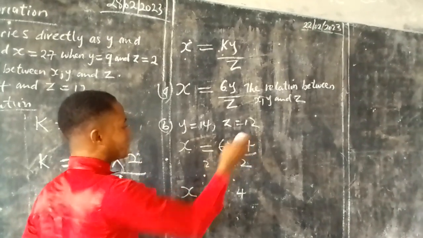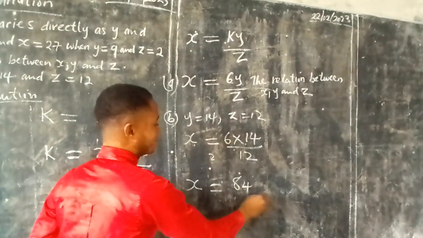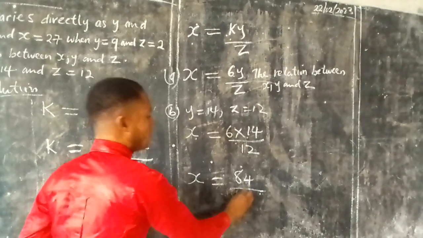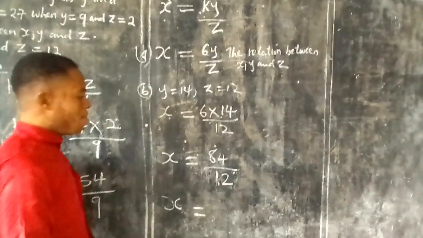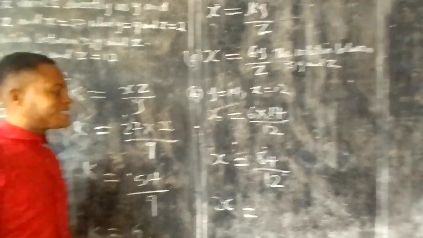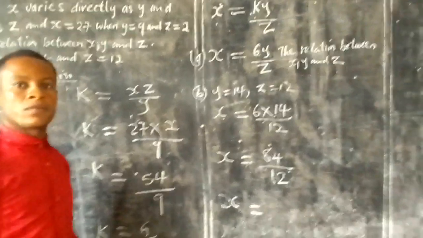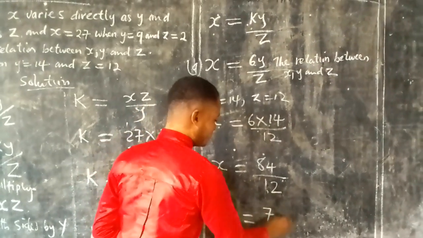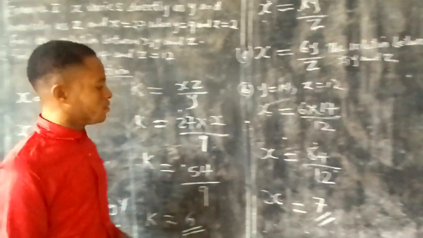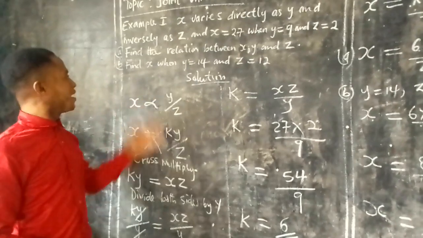Carry 2. 6 times 1, 6, plus 2, 8. I have 84 all over 12. So x is equal to how many 12s are inside 84? x is equal to 7. So that is your answer.